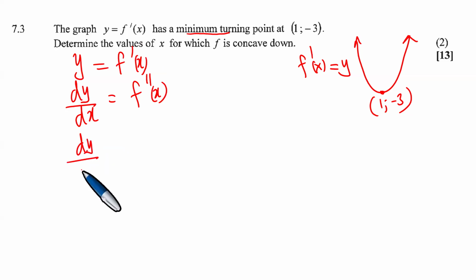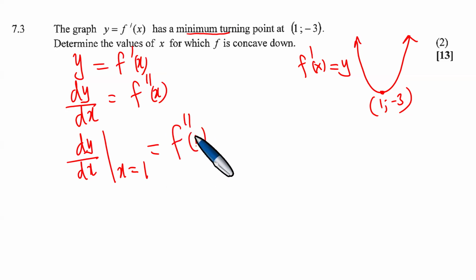So dy dx evaluated at x equals 1 equals f double prime at 1. Since the graph has a minimum turning point at this point, it means that this derivative equals 0 at x equals 1.